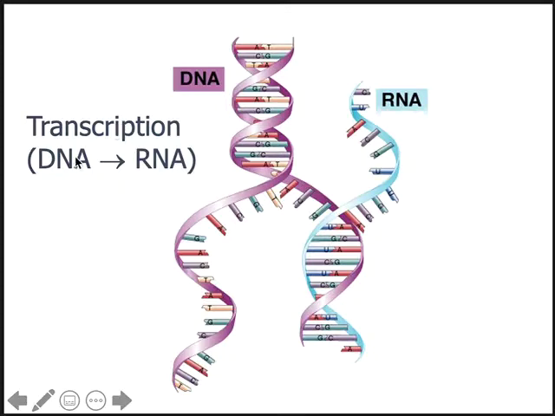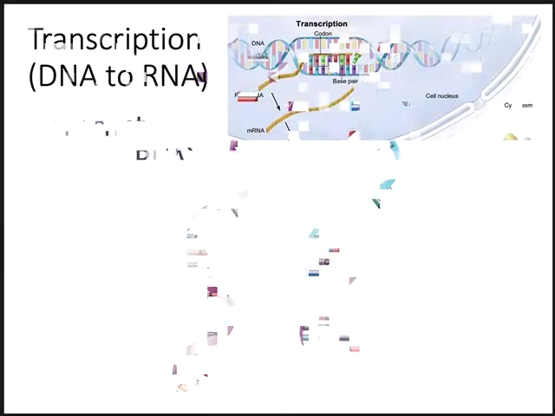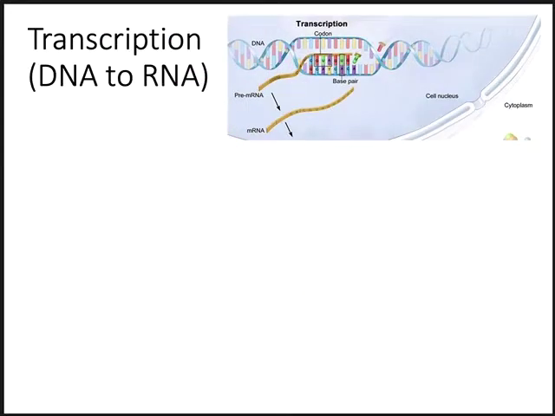Okay, so transcription is taking DNA and making RNA. But you're not doing this for the entire DNA strand. You're doing this only for one gene at a time. Transcription, as I mentioned, is taking that gene from DNA and making a transcript.